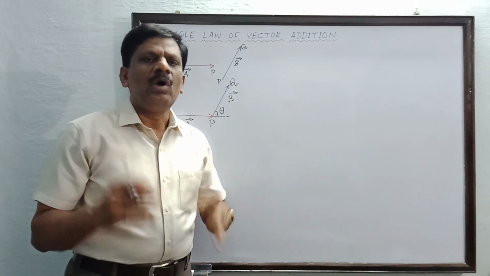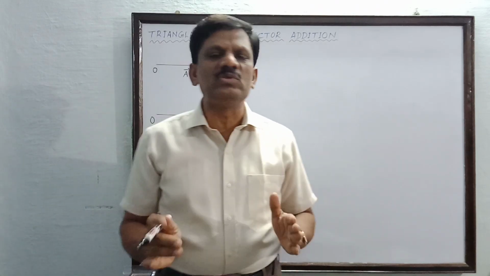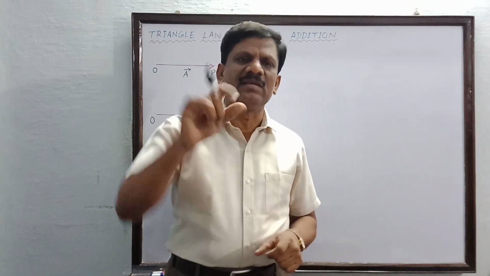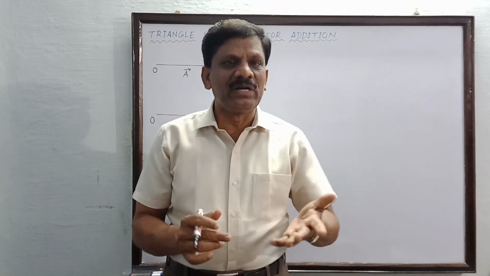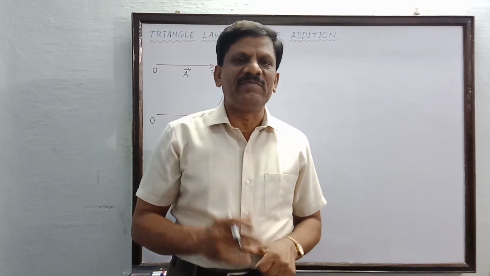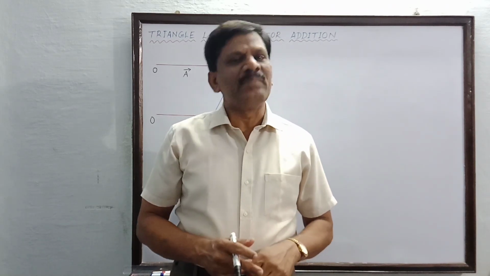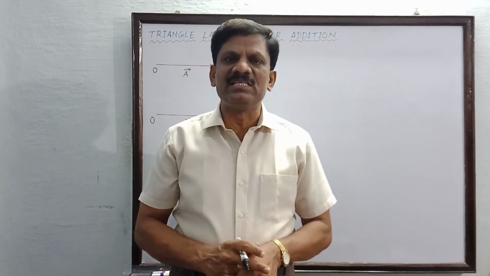Now how to find the resultant of these two vectors? When you add one vector with another vector, the resultant will be another vector only. The resultant should surely be a vector. So what is that vector? In direction as well as magnitude, we are going to find the resultant vector.